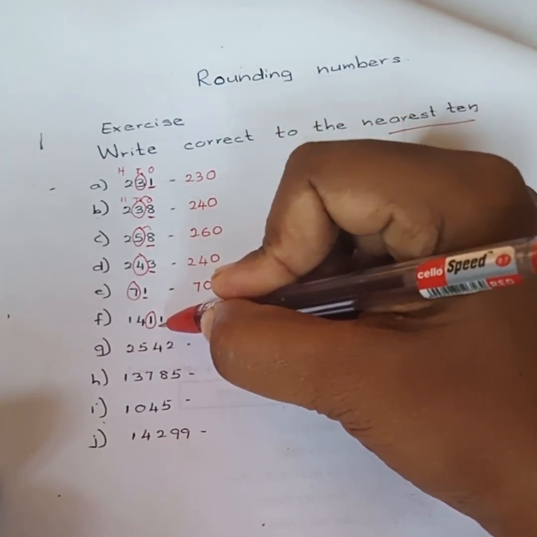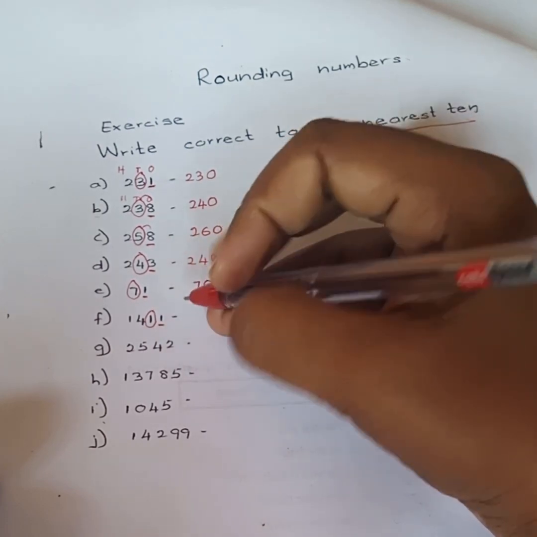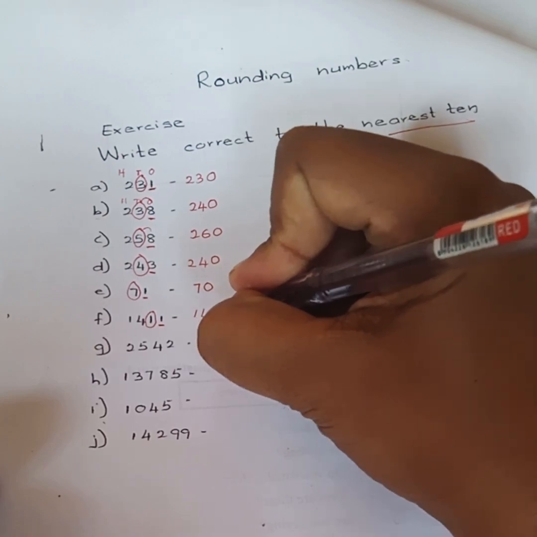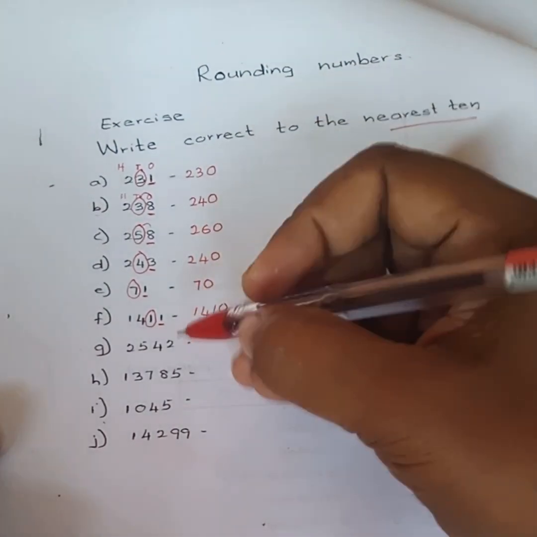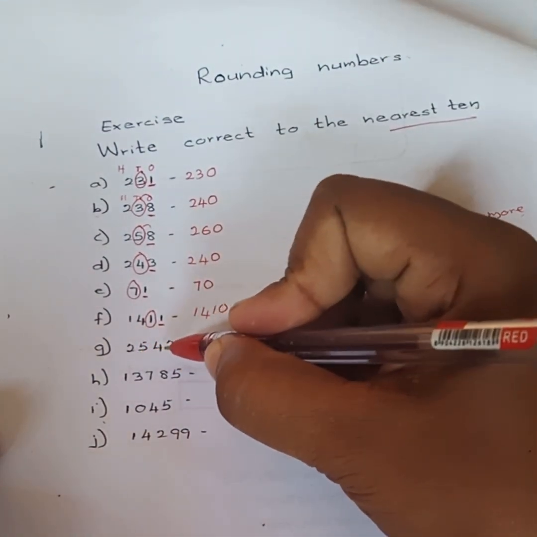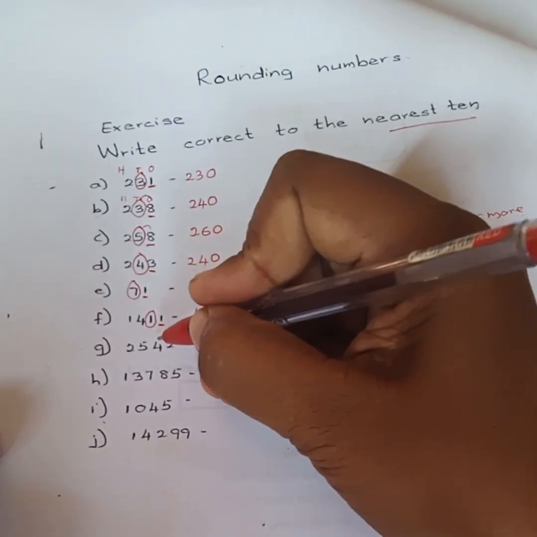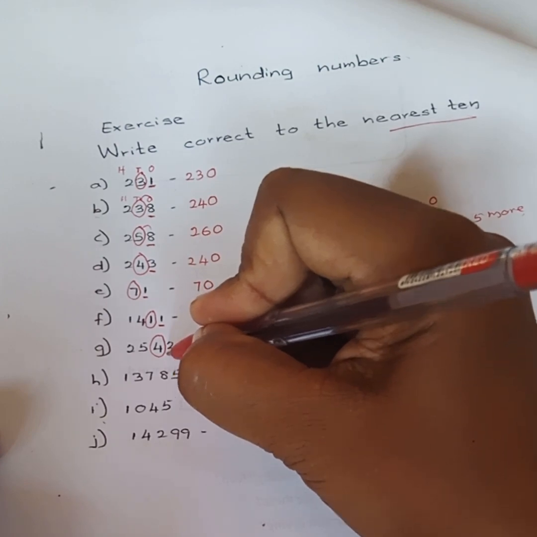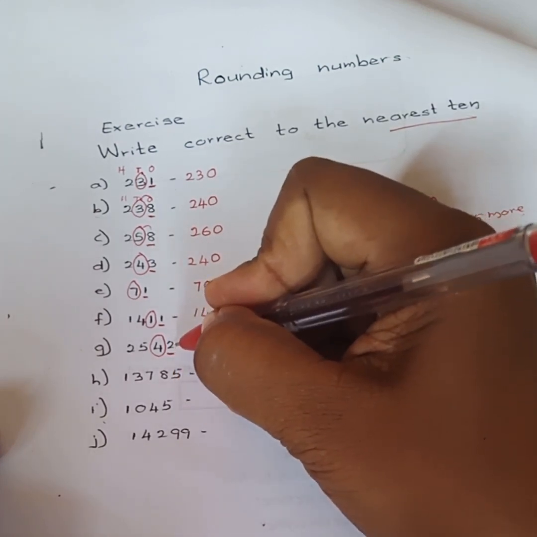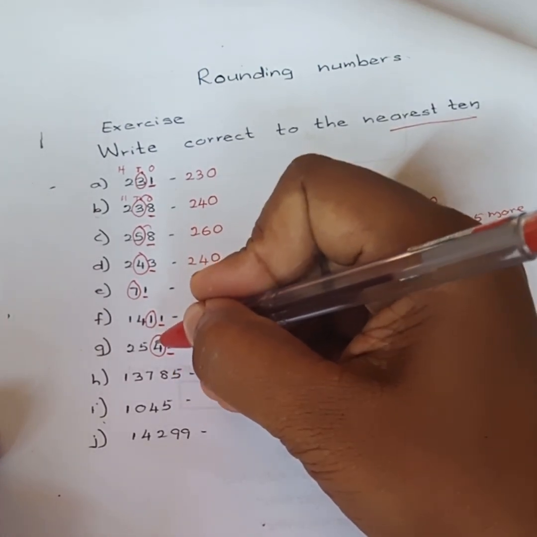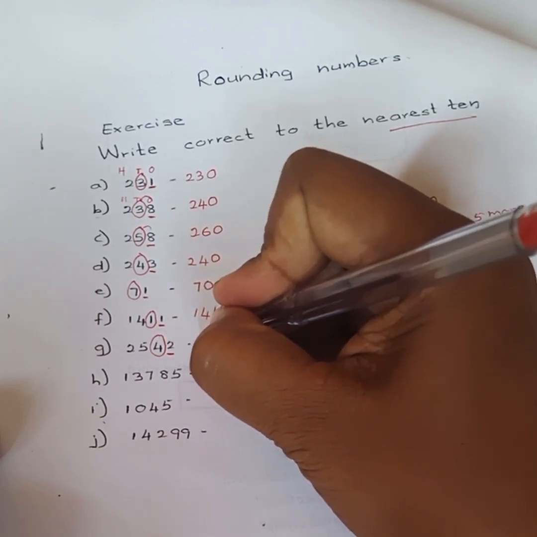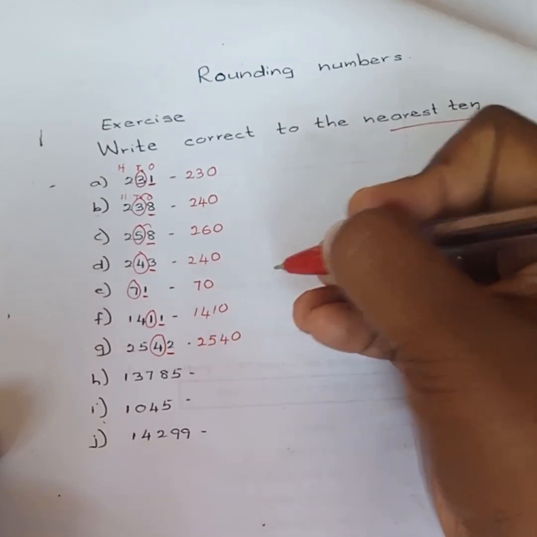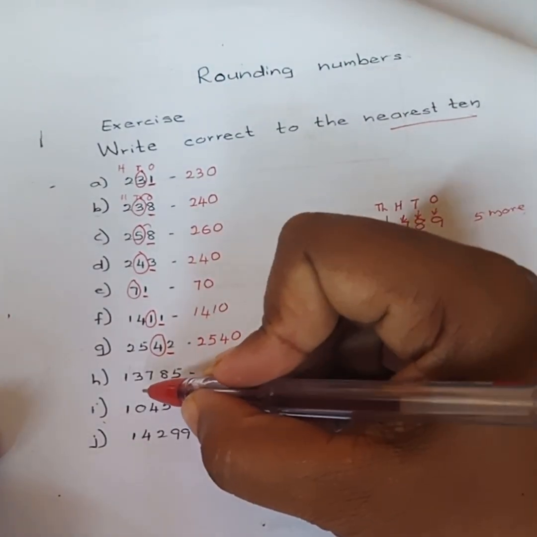It's less than 5. When you round off, the answer is 1410. Next, 2542. The tens value is 4, you have to consider 2. It's less than 5, so when you round off to the nearest 10, the answer will be 2540.